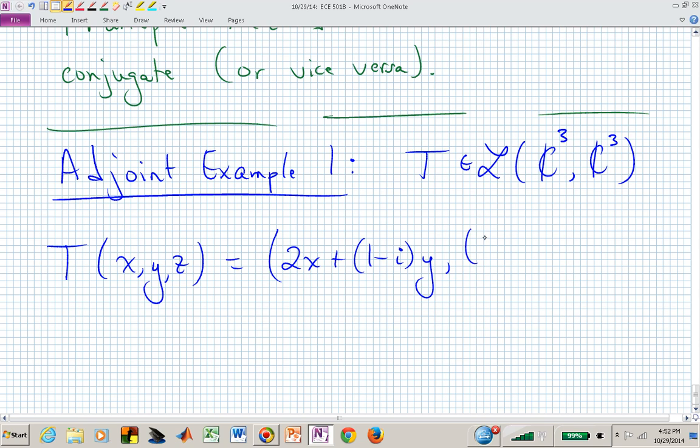The second coordinate is 3 plus 2ix minus 4iz. Again, these are just scaled multiples of the original coordinates x, y, and z, somehow making up the new coordinates after the linear map. And our third coordinate is 2ix plus (4 minus 3i)y minus 3z.